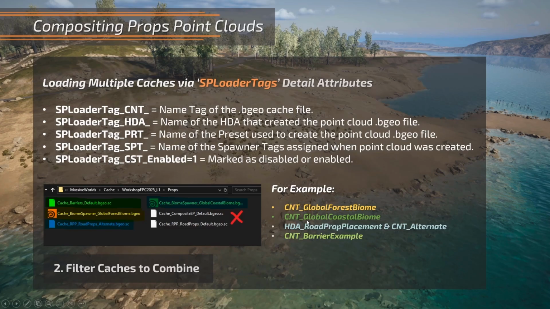We are loading the global coastal biome. Then we are also loading the road prop placement, which has the cache name tag alternate. And we are loading the barrier example. So in this case, we are loading this particular cache, road props alternate, but we are not loading road props default. Okay, cool.